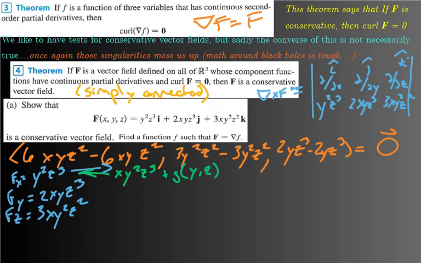So I can take my derivative of that with respect to z and compare it to this, right? So if I take my derivative with respect to z, I'm going to get 2xyz cubed plus g with respect to y. I'm just going to write g with respect to y for a second.